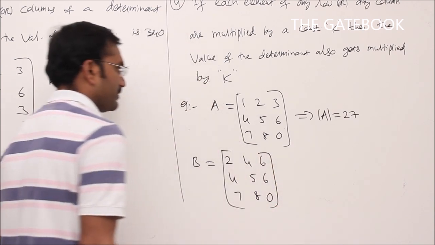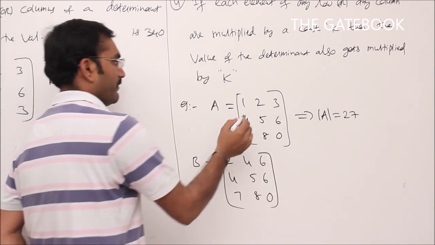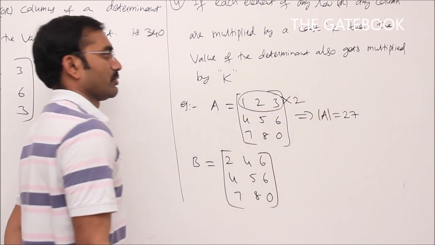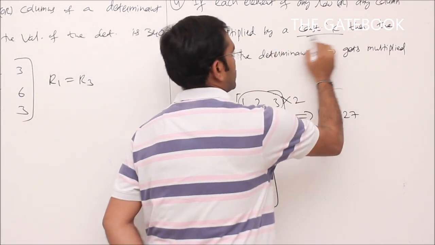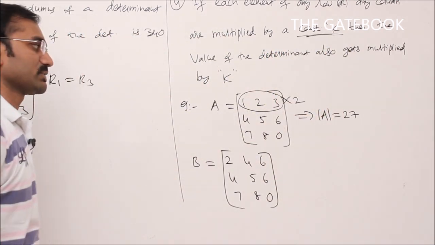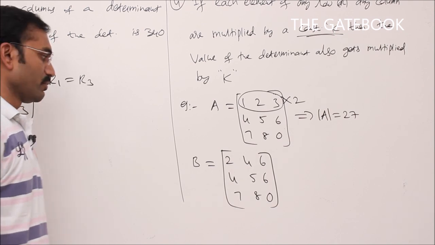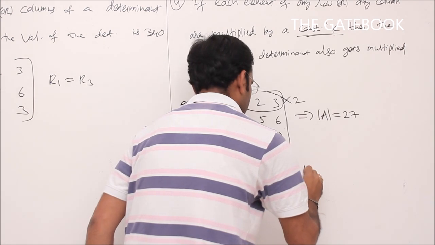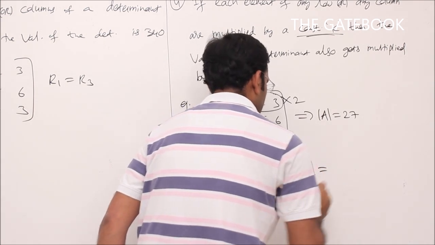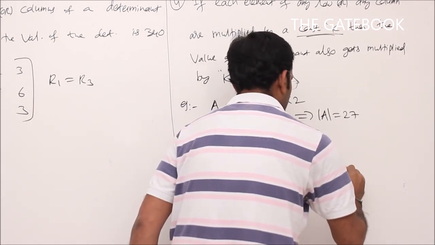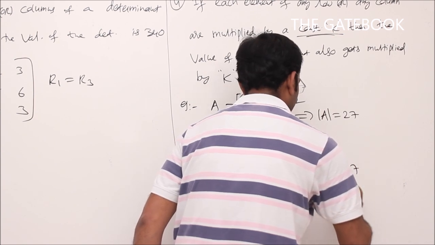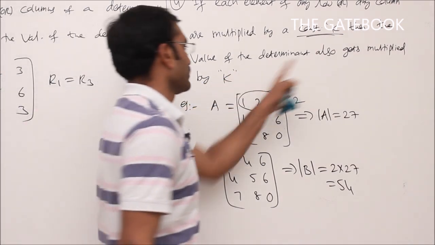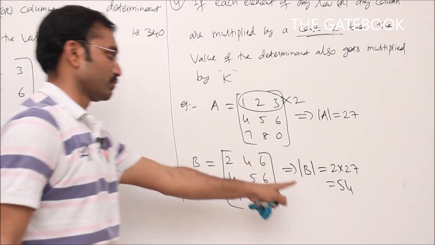Here the matrix B is obtained by multiplying first row of A with 2, where here that constant k is 2. Multiplying first row elements of A with 2, we got a B matrix. So now if you find the determinant of B, the value is definitely 2 into 27, that is equal to 54. The value of determinant also gets multiplied by k. Here the k value is 2.